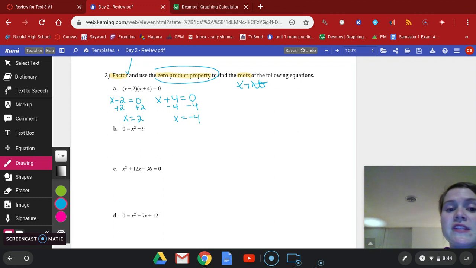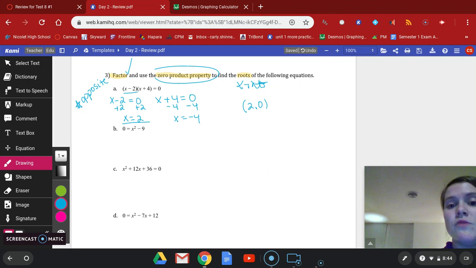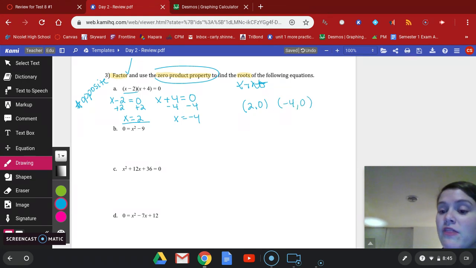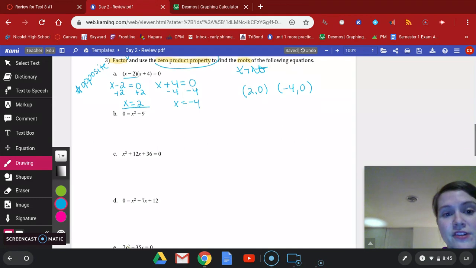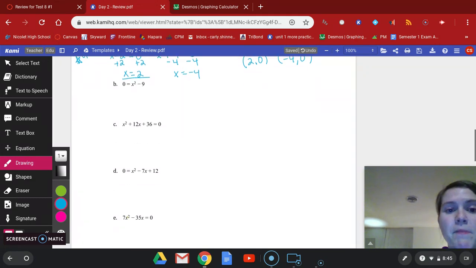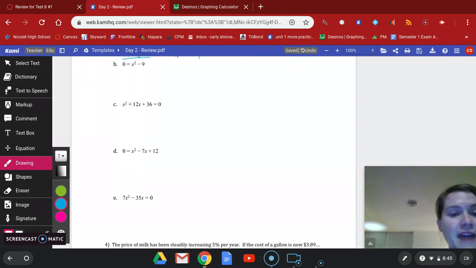And we talked about this yesterday. What is the pattern we see? We see that the factor and the intercept are opposite. So my intercepts here are 2 and -4, and those were the opposite of my factors in that problem. So that's a pattern we should continue to look for today.